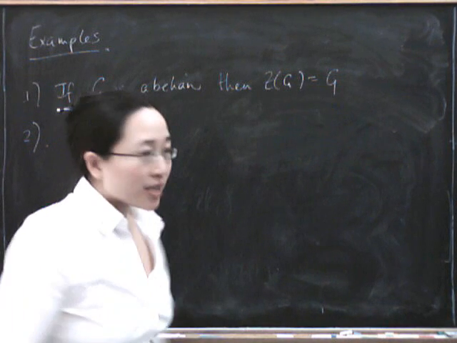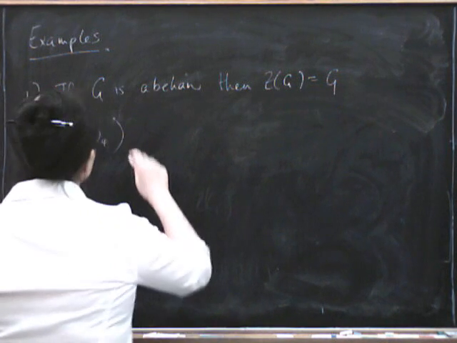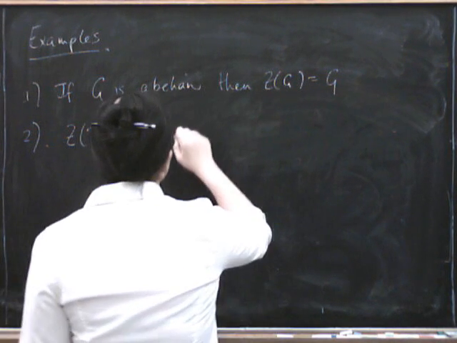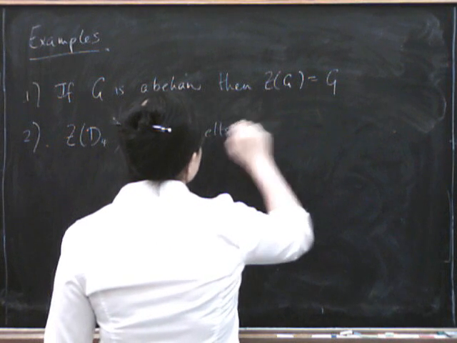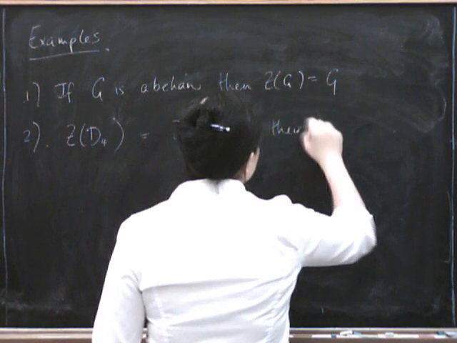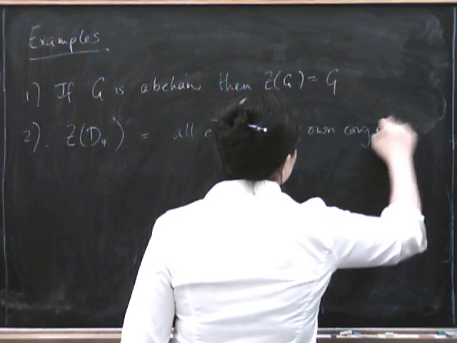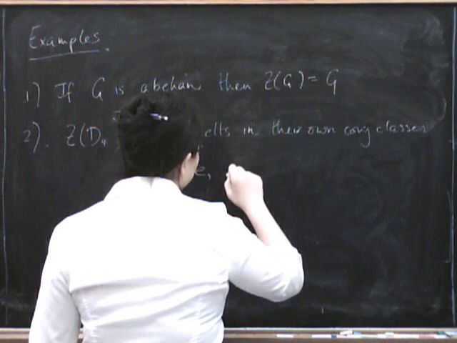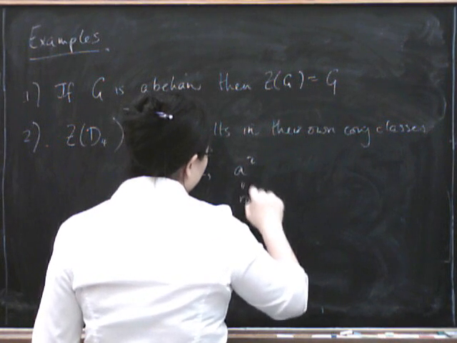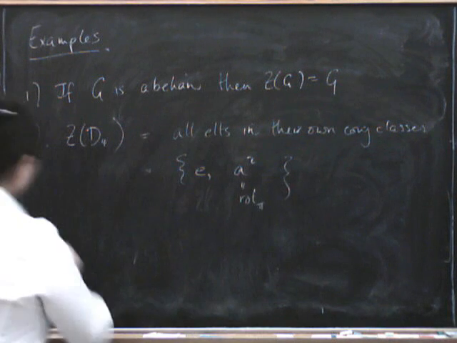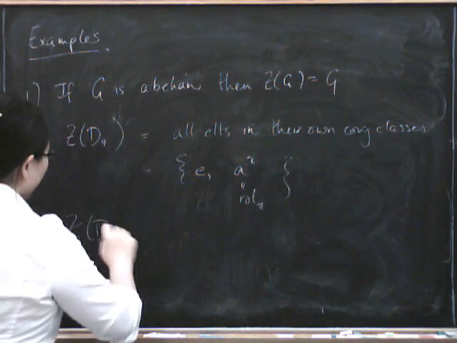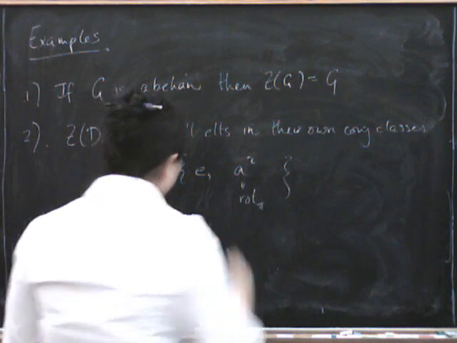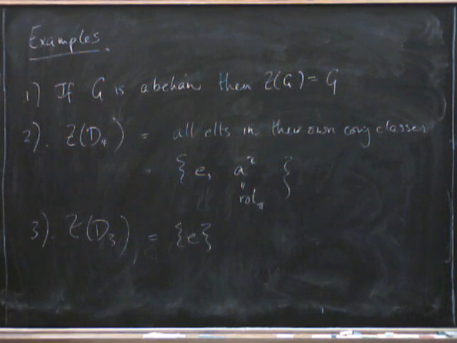So the center of D4 was all those elements that were in conjugacy classes all by themselves, and we saw that those were e and a squared, which was rotation by pi. However, if we do this to D3, we discover that only e is in a conjugacy class all by itself.